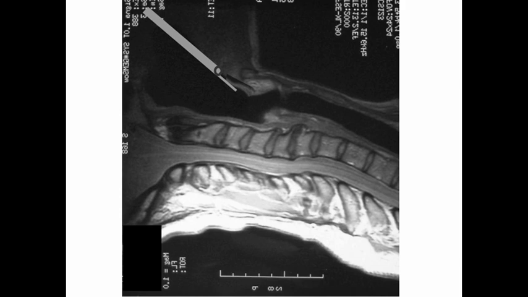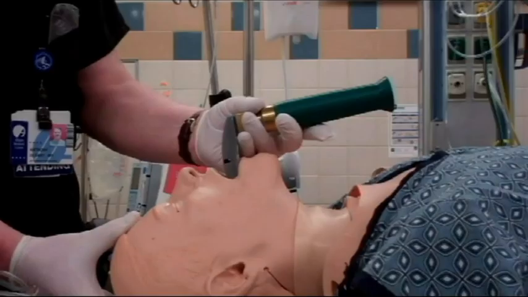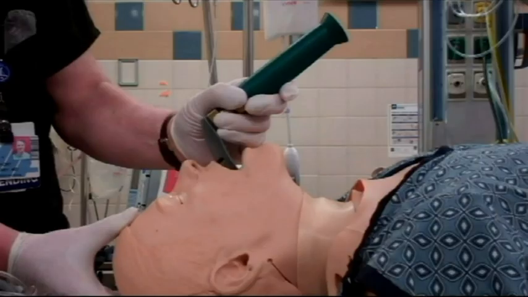The next essential part is this. Most learners insert the blade way too far. Now, to prevent this, the Macintosh blade is inserted only 2/3 of its length, and then you will lift the laryngoscope handle diagonally upwards. This is the first lift of the laryngoscope handle in a two-lift technique.